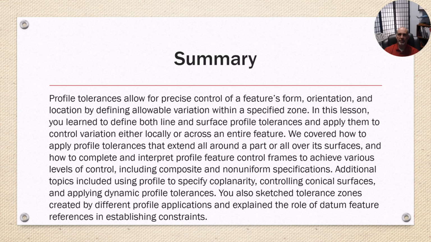Additional topics include using profile to specify coplanarity, controlling conical surfaces, and applying dynamic profile tolerances. You also sketched tolerance zones created by different profile applications, and explained the role of datum feature references in establishing constraints.